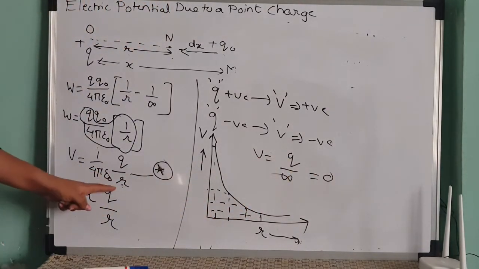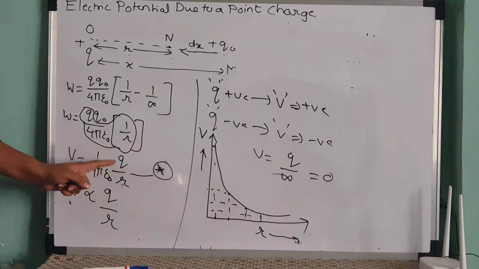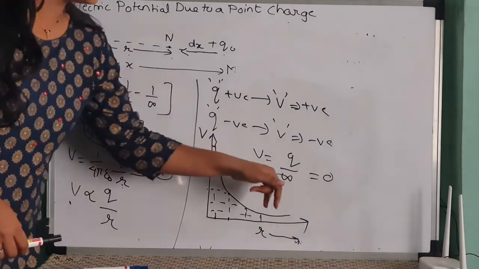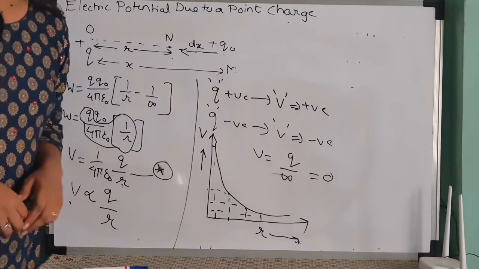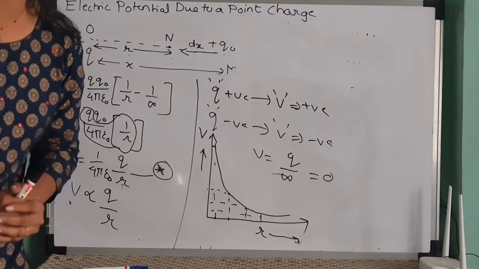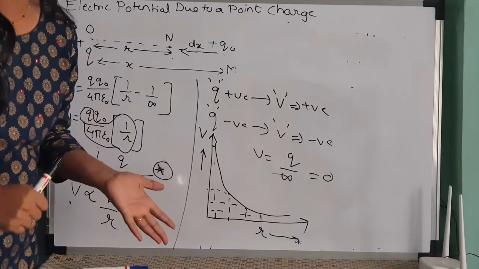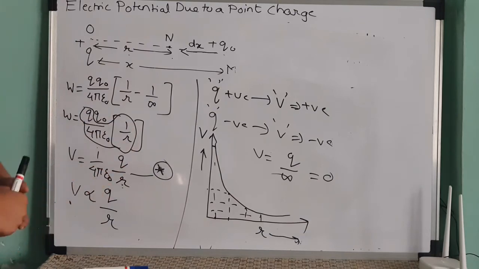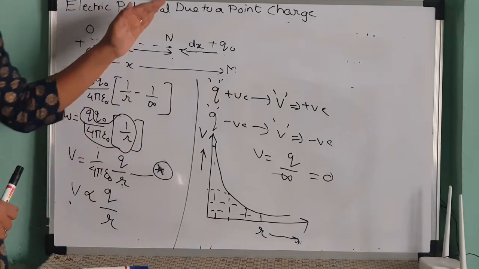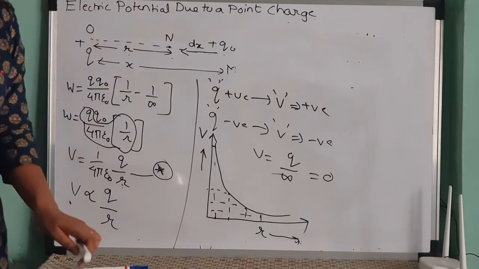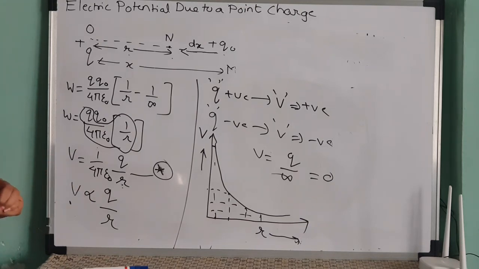So you can say one thing here, that is the main thing: when our distance is infinite, your potential is 0. That means at infinity, your electric potential is always 0. So this is nothing but the expression of electric potential due to a point charge. I hope this is very clear to you.